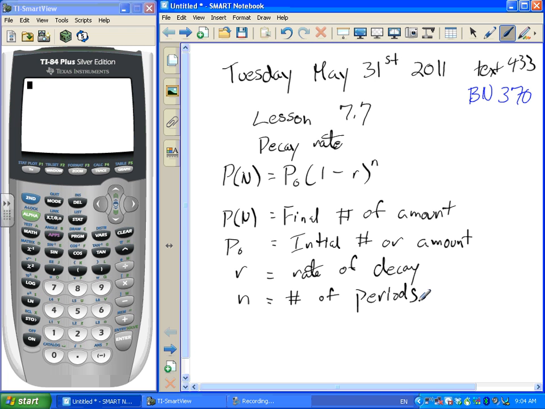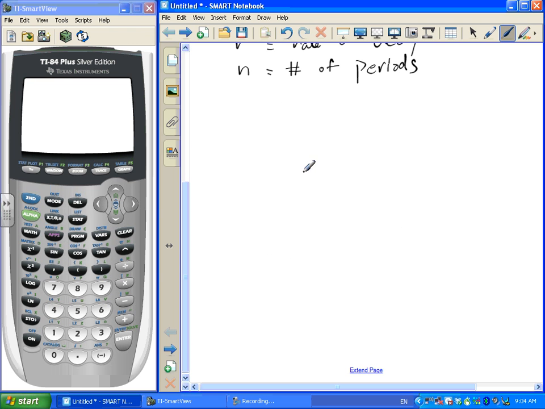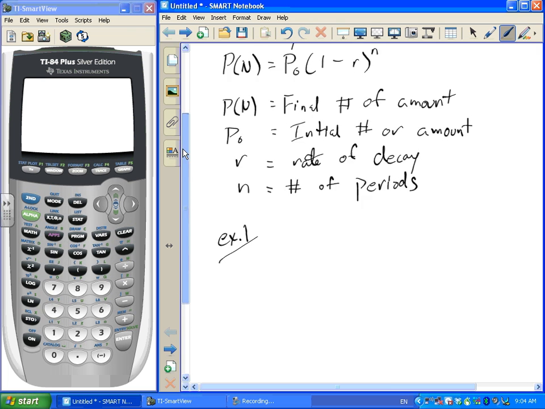The very first question they've given us talks about a scuba diver. So we'll call it example 1. There's a scuba diver. He has a camera that takes pictures underwater.